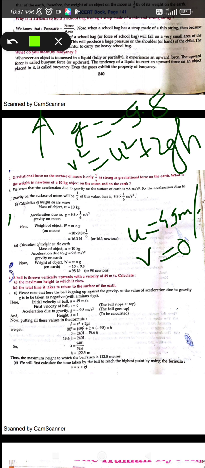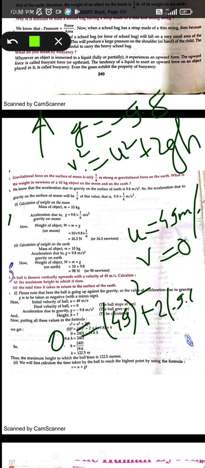Now we have to put in the values. For v it is 0, for u square it is 49 whole square, plus 2g h, that is 2 into minus 9.8 into h.